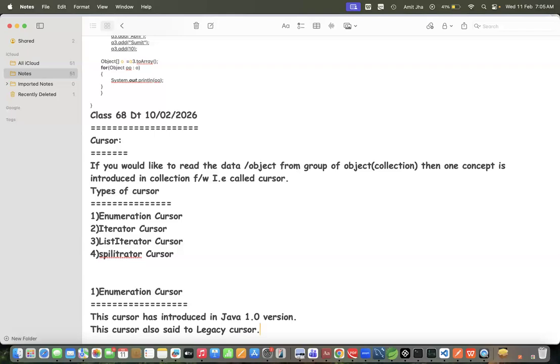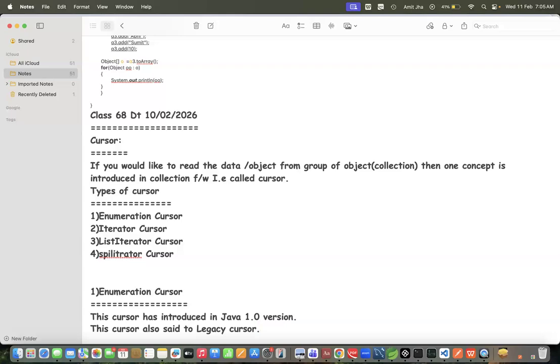The cursor which was introduced in the Java 1.0 version. Java 1.0 is very old, right? As of now, Java 25 is running, so 1, 2, 3, 4, you can see. So it's called a legacy cursor, because it was introduced in 1.0.